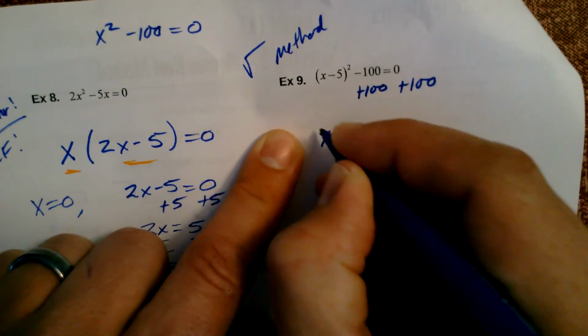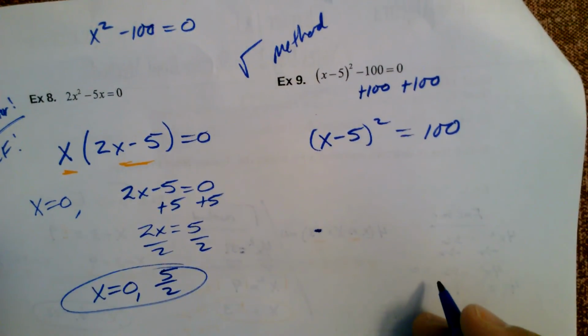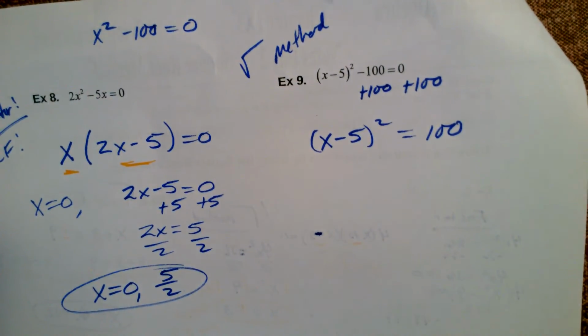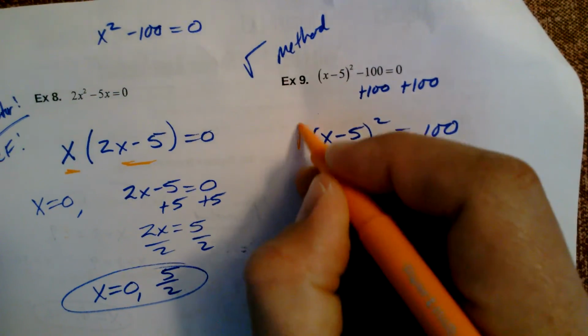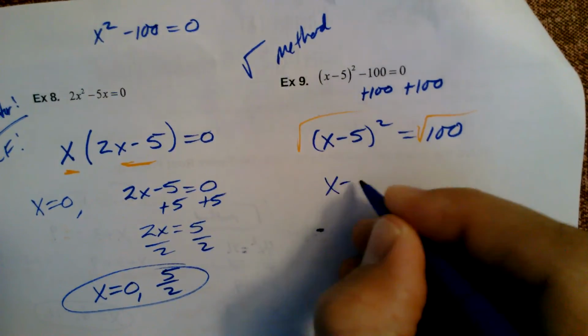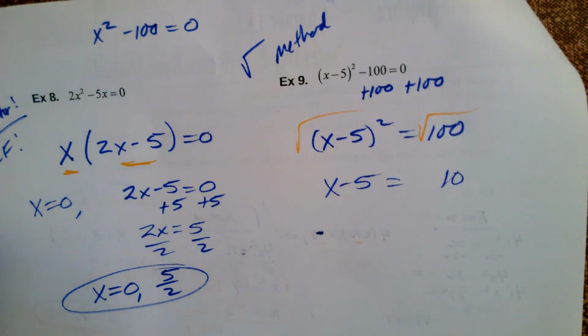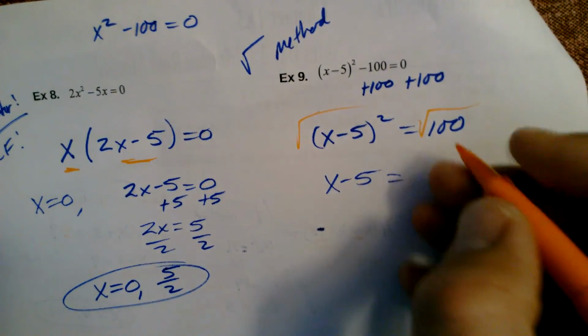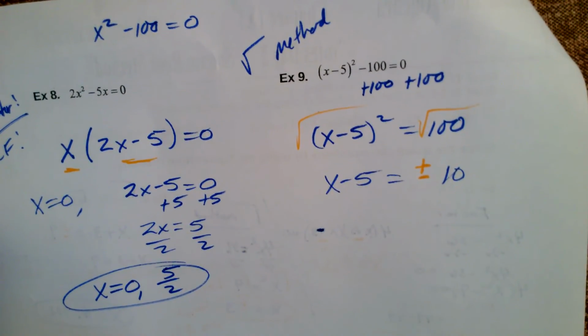We get x minus 5 quantity squared equals 100. And now do we remember how to get rid of that squared term? You betcha. Square root both sides. And the square root of 100 we know is 10. Mr. Gotch always says, don't forget the plus or minus sign. So make sure you add that plus or minus there.